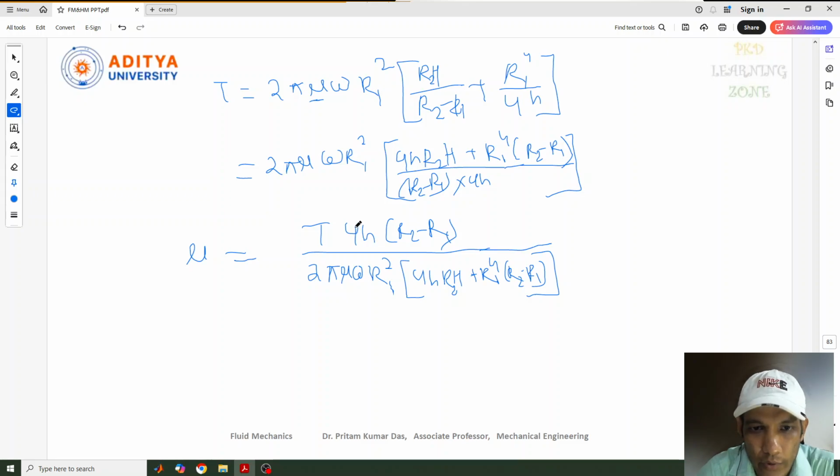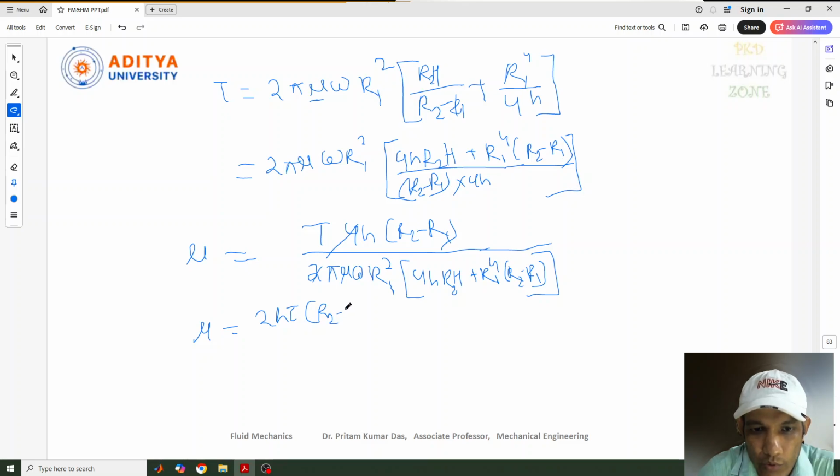Now 4 is there in the numerator and 2 in the denominator, so 2H. So finally I'll write the final equation: 2H, and T also, 2HT.